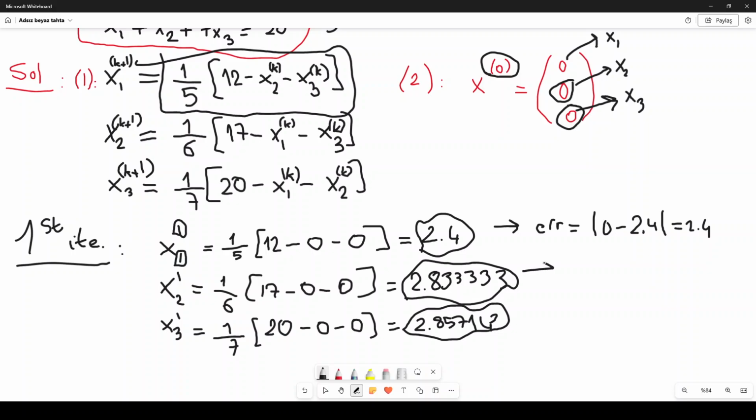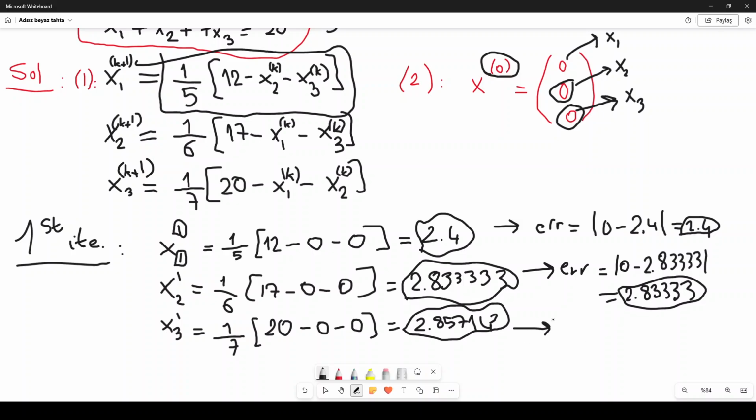For the second variable, we compute our error again: 0 minus the newly found value of x2, taking the absolute value, we got 2.8333. This is the error for the first and second variables.